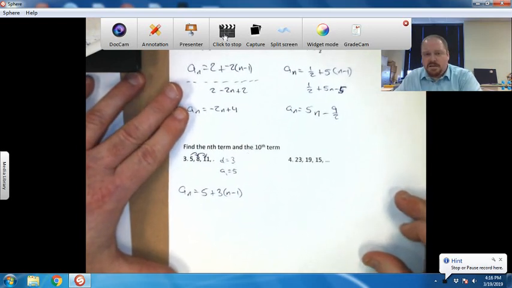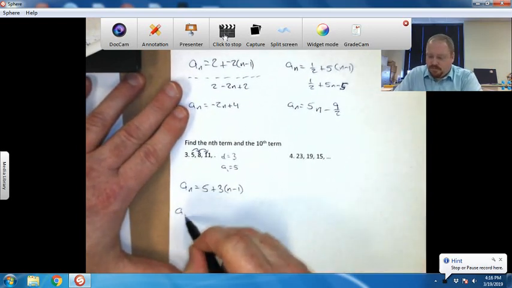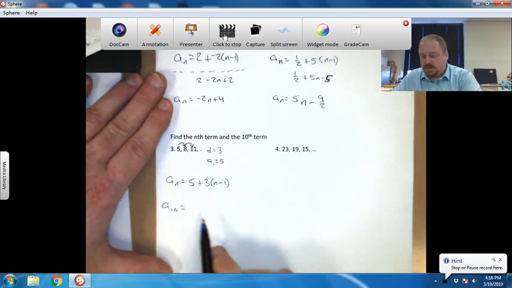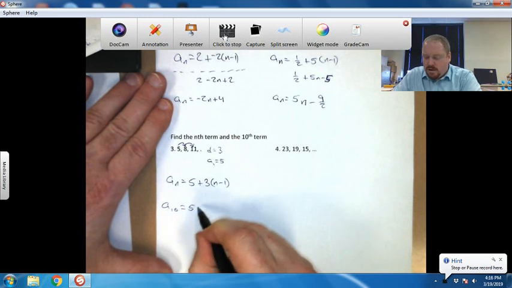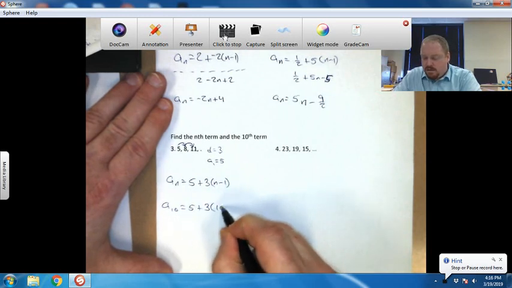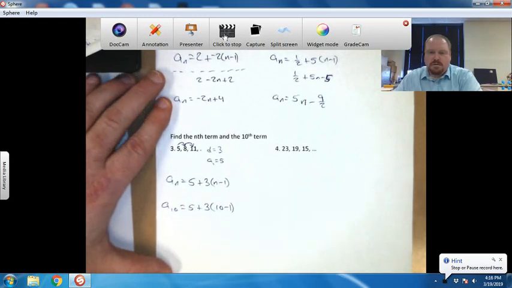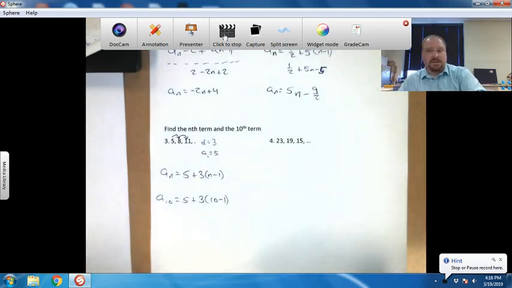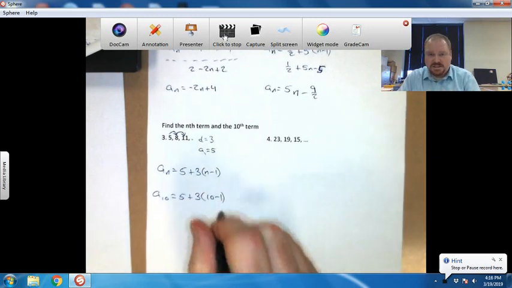Now, to get the 10th term, to find a sub 10, I'm simply going to substitute 10 in for n. So show me this, and then tell me what the answer is. I completely expect you to type that into the calculator, but you've got to show me this step.